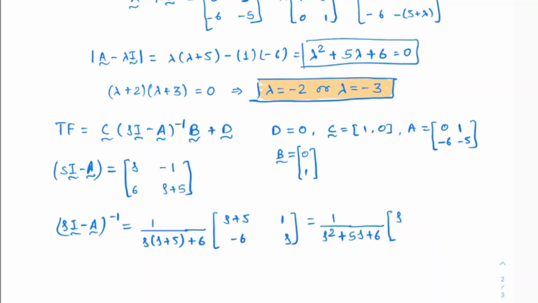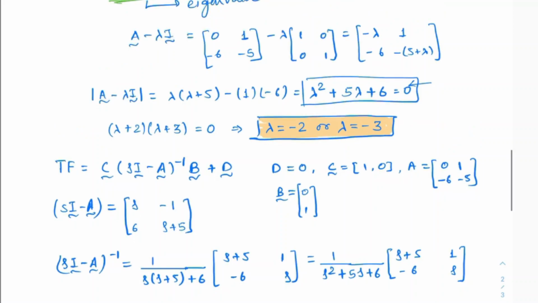What we see in the denominator here is actually the same equation we wrote, the characteristic polynomial of this matrix A.